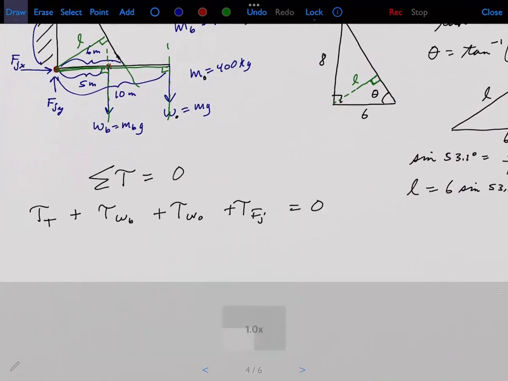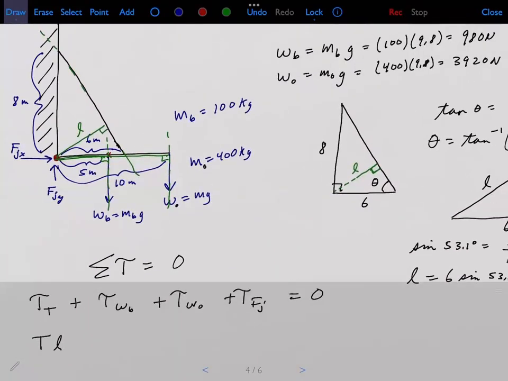Now the torque due to the tension is going to be the tension times the moment arm, which we just found was L, right? I'll plug that in a second. And that one, if that were the only force acting, how would it rotate? So remember, the tension is pulling up like this. It would rotate this beam counterclockwise, right? So that's going to be positive.